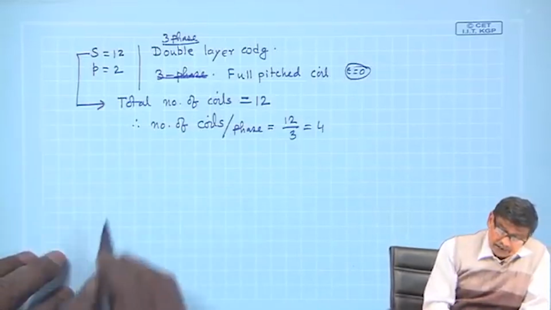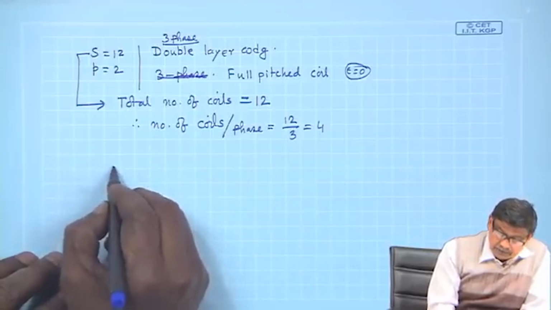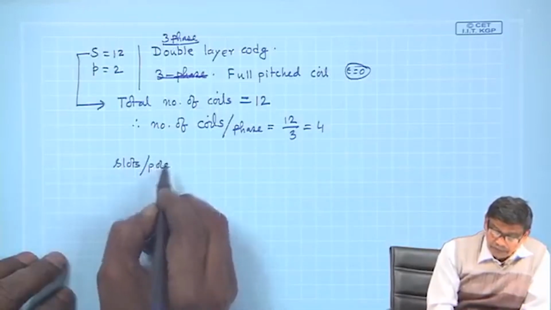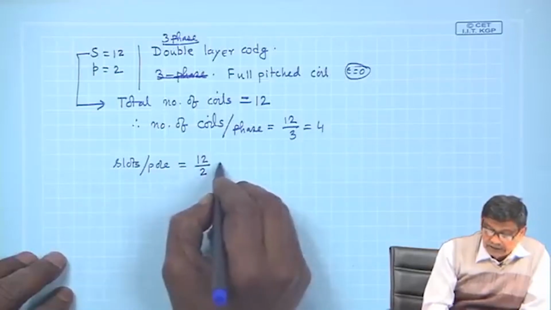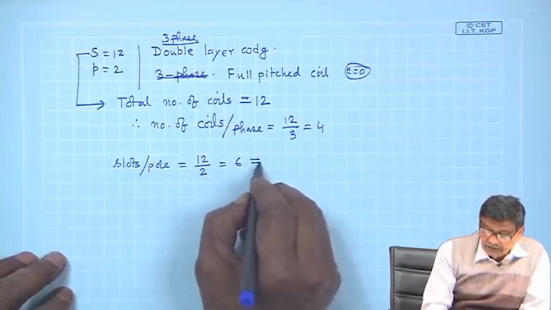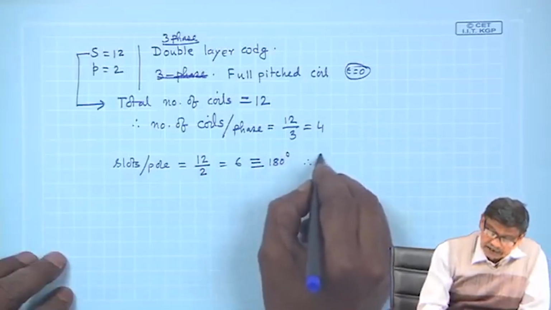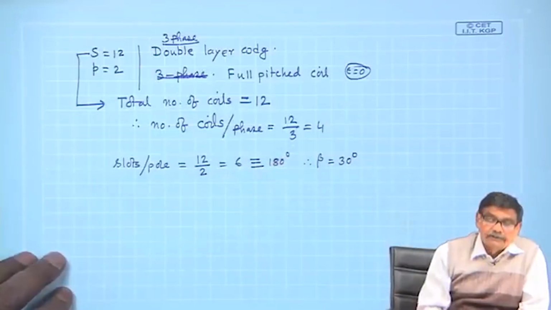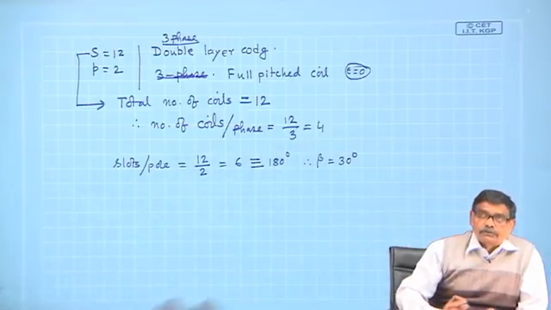So, then I calculate the value of beta. First I calculate slots per pole, which is 12 by 2, that is 6, equivalent to 180 degree electrical. Therefore, beta is equal to 180 by 6, that is 30 degree. And then there are 12 slots.